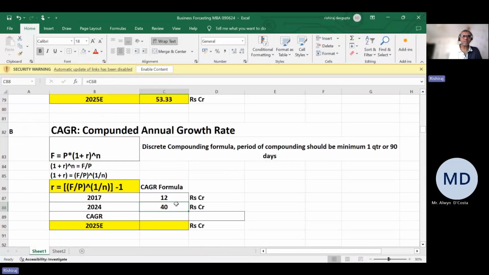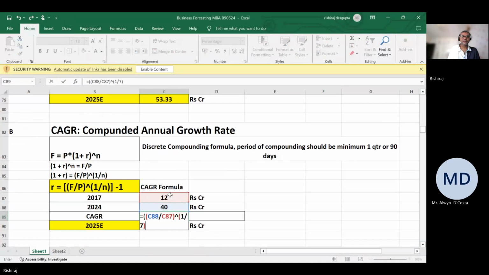So under this assumption, I'm using the CAGR formula very closely. Double bracket start, future value 2024 value is 40 divided by present value 12, to the power 1 by 7, because 7 years have passed by, double bracket close, minus 1.